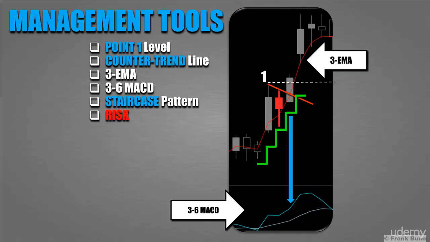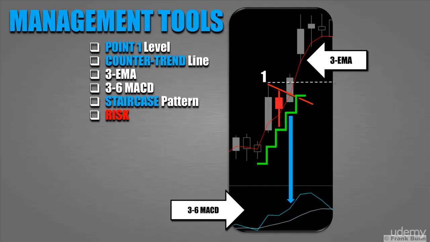Our point 1 level will confirm our breakouts. We have our counter trend line, the 3-period exponential moving average so we can determine divergence, our 3/6-period MACD indicator so that we can both confirm trades and establish divergence, the staircase pattern, and risk.